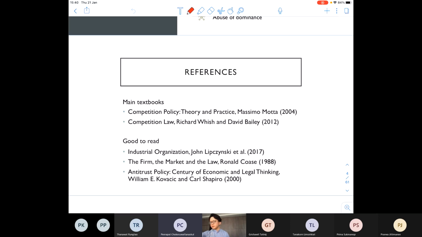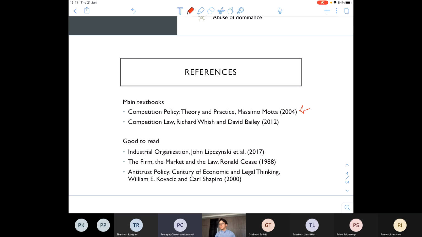This Motta one is quite good. I like it. It has a good mixture between law and economics. Highly recommend it. It's a bit old, but the theory and the ideas are still very much applicable to nowadays usage.